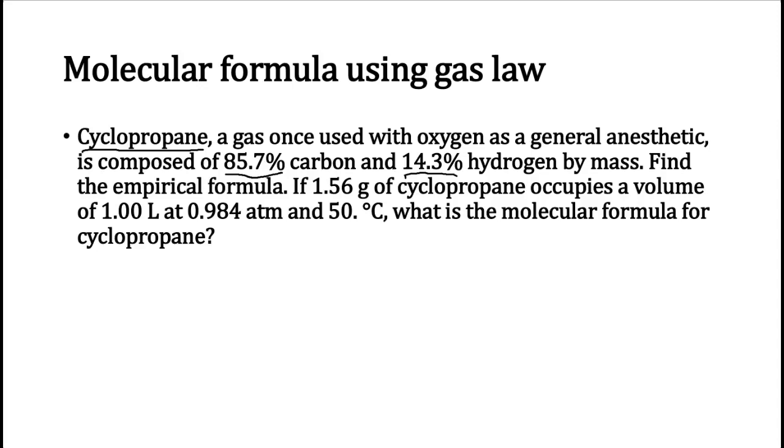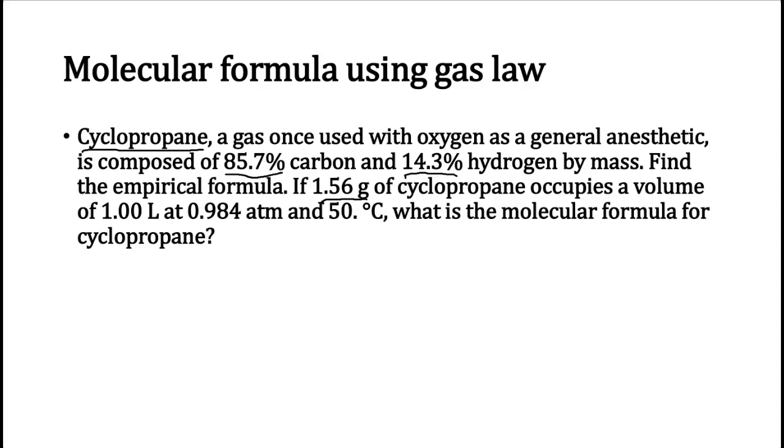So we're going to have to do two different things here. We're going to have to go through and find the empirical formula. And then we're also going to have to calculate something else. So here it tells us that we have 1.56 grams of cyclopropane.